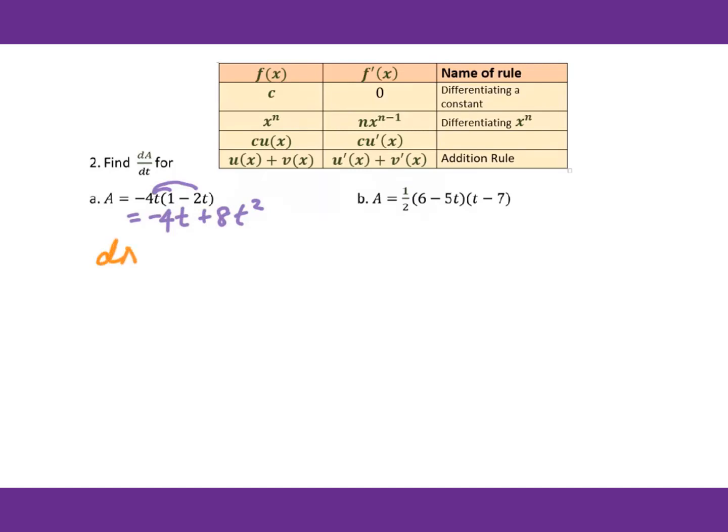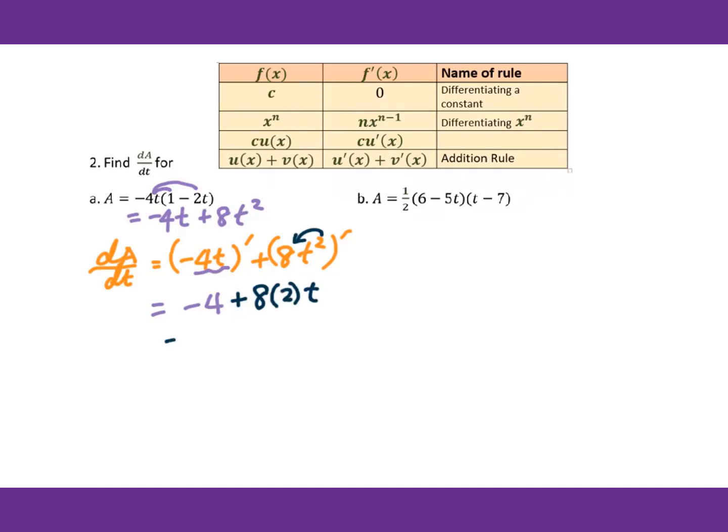Therefore, dA by dt equals negative 4t, we do derivative, plus 8t squared, we do derivative. You get negative 4, because this is a linear function, the derivative will be the slope. Then plus 8 times 2t, because the exponent drops down minus 1. Then you get negative 4 plus 16t.